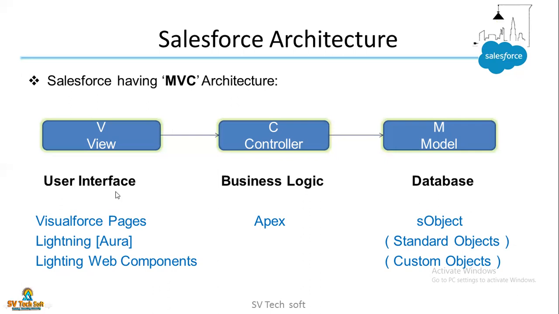Custom objects are the ones users or developers create manually as they need. Here, the database comes under standard object and custom object comes under model.